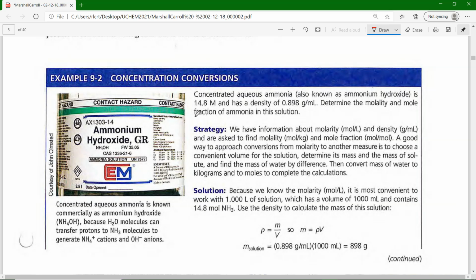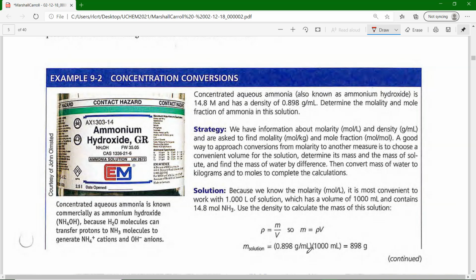The way to approach conversion from molarity is to choose a convenient volume, something like 100 mL or 1,000 mL, and then take it from there. We know the molarity, so let's work with a liter, which is 1,000 mL. So 1,000 mL contains 14.8 moles of NH3. What is the mass of the solution? It's the density times the volume.